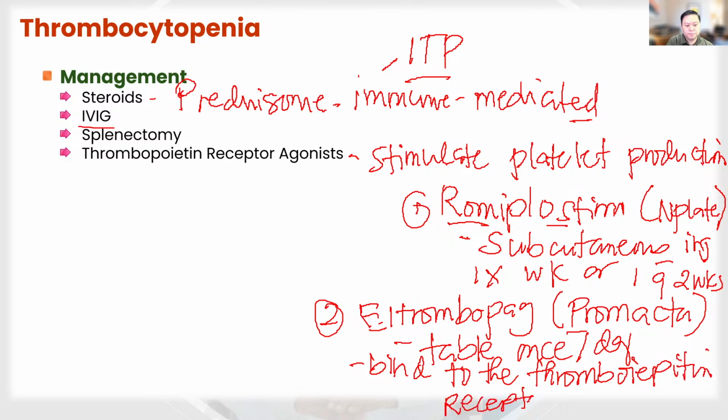So it will bind and then activate the thrombopoietin receptor, and thus it will now stimulate the production of platelets. Okay, so please don't forget about the medications Promacta and Nplate. So these are medications to help produce more platelets by activating the thrombopoietin receptor.